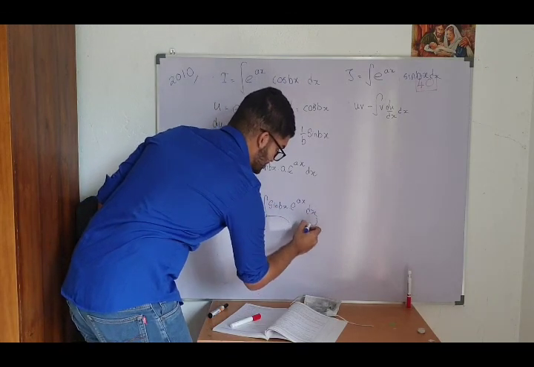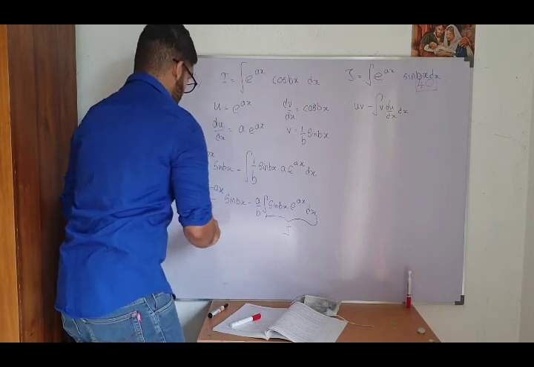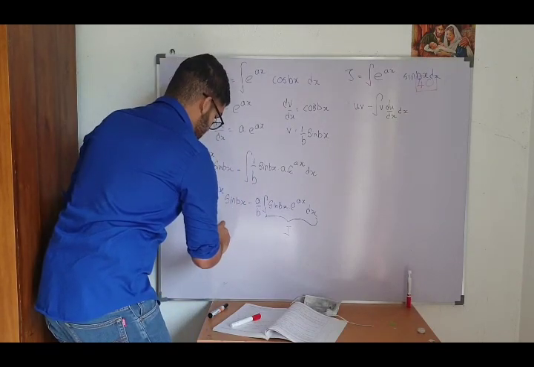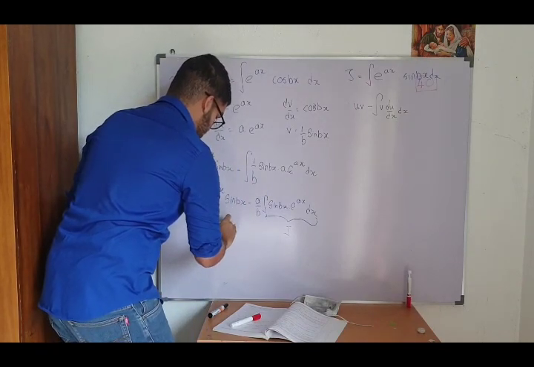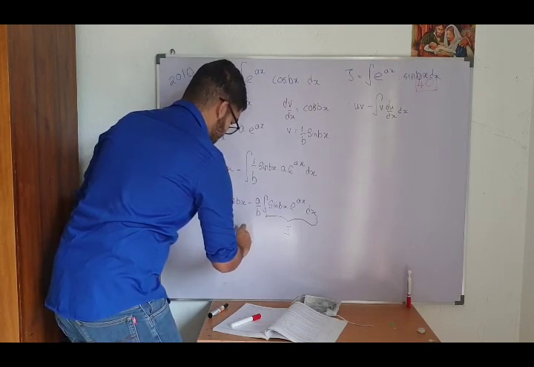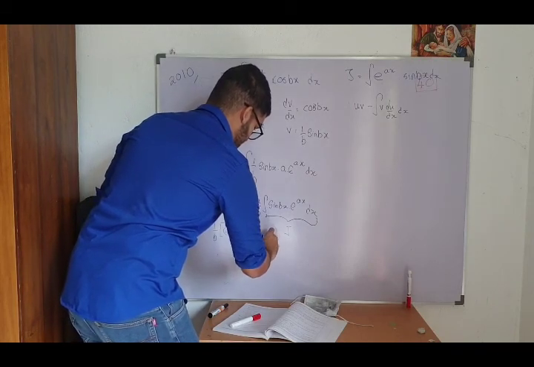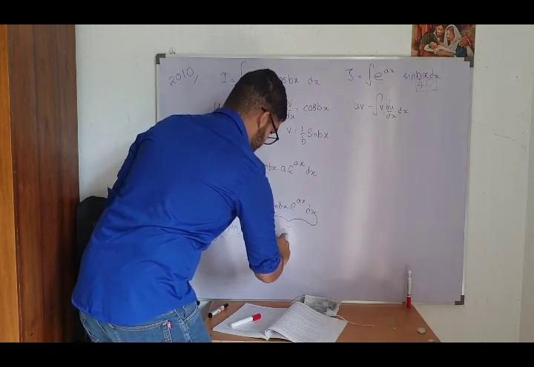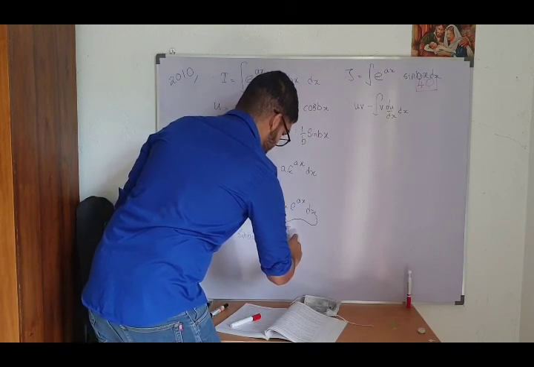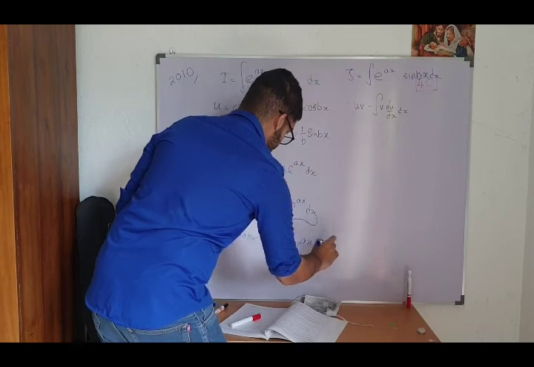Take that as j, and then you have a common term b e^(ax) sin(bx) minus a over b sin(bx) dx.